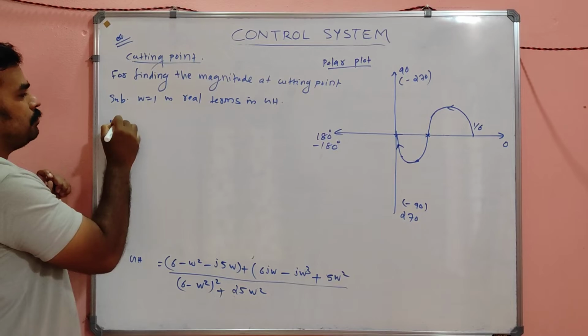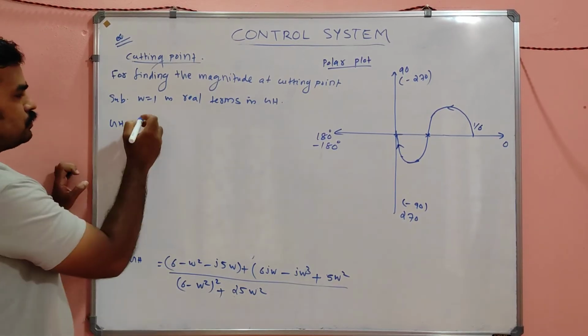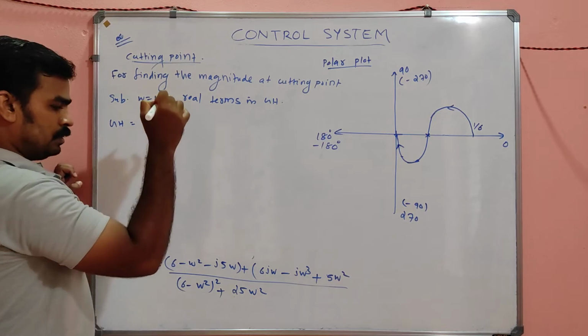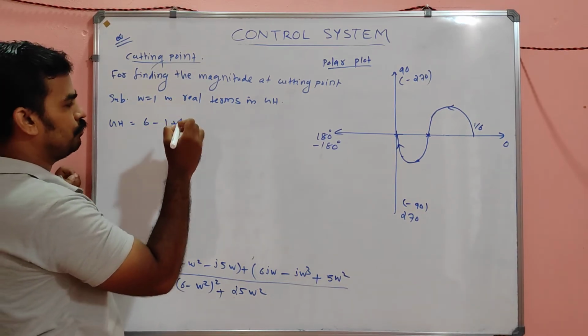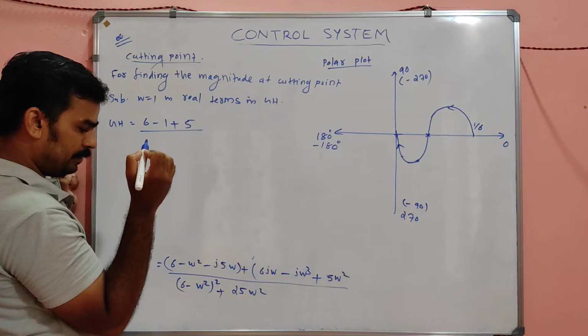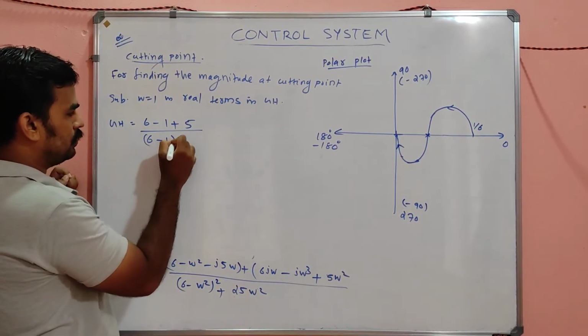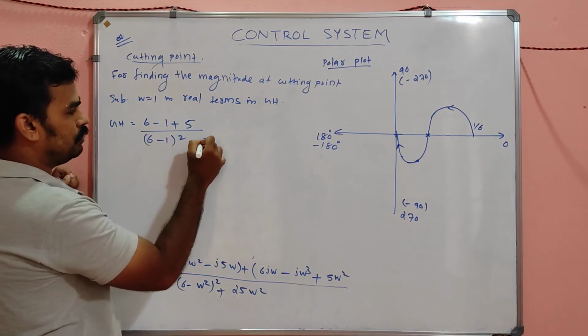So the result will be: GH will be 6 minus 1 plus 5, whole divided by 6 minus 1 the whole square plus 25.